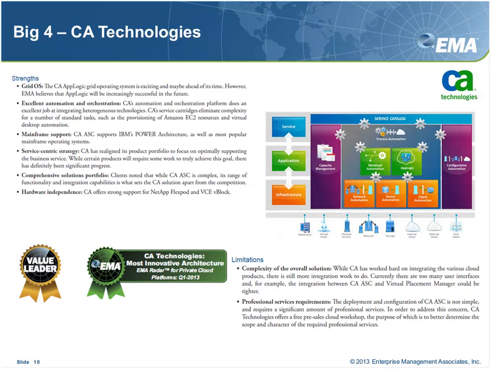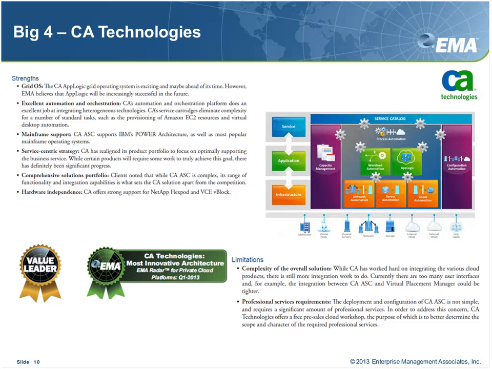So there's a whole number of service cartridges out there that make the deployment and the integration of the CA cloud with the existing data center environment easier. CA has also made significant progress in terms of supporting entire business services and in tying together their solution portfolio in a service-centric manner, and you can see this on this chart.